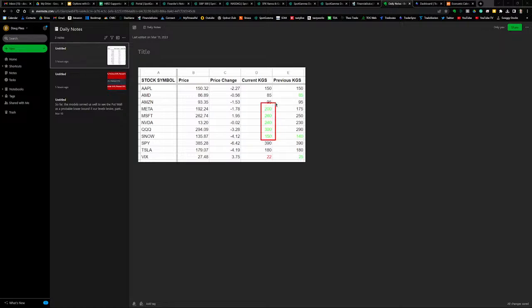This indicates increased interest in these stocks. They're looking for higher prices, accepting higher prices. So again, I interpret this as bullish, and especially when I see this on all these large cap tech stocks.